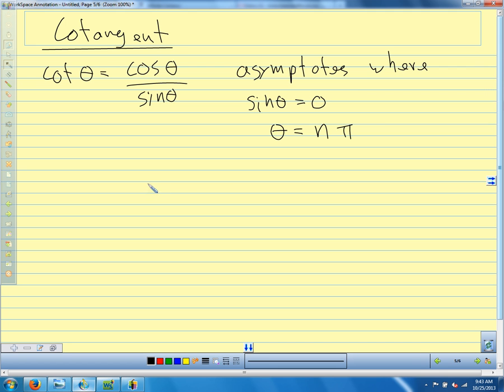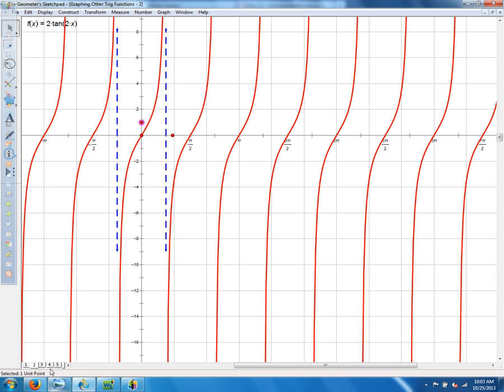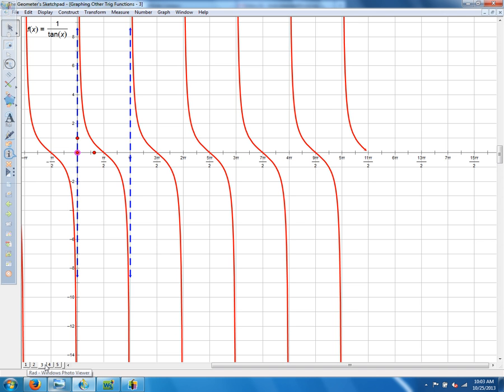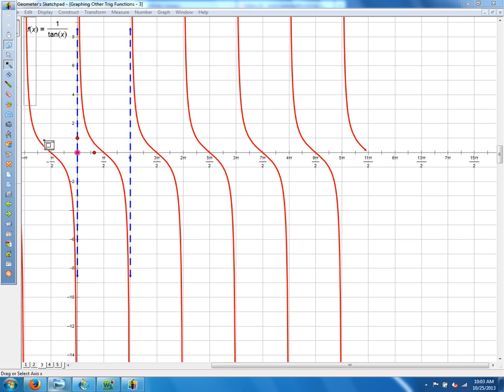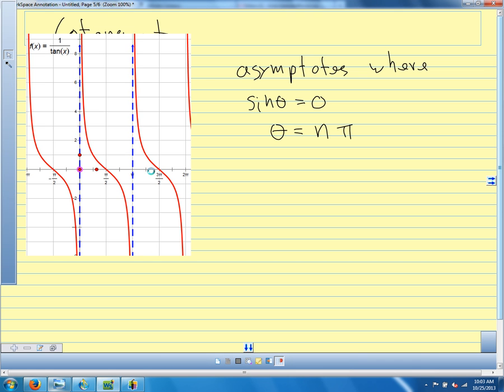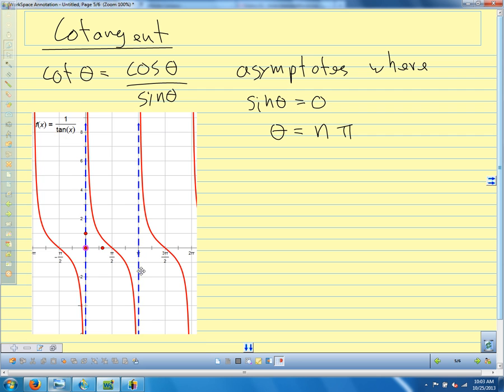All right, let me grab a graph of the cotangent function. There we go. And it says 1 over tangent x because Sketchpad doesn't have a cotangent function, so we have to do the reciprocal of the tangent. So there is my asymptote at 0.